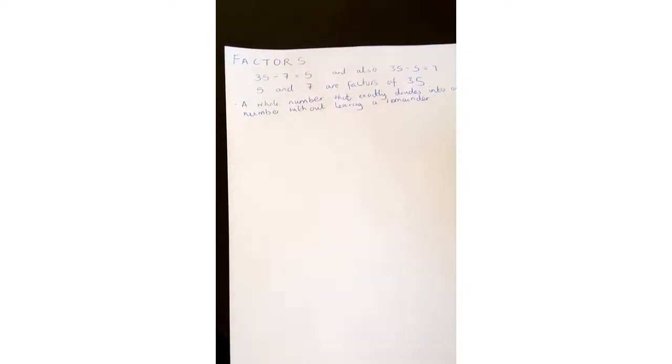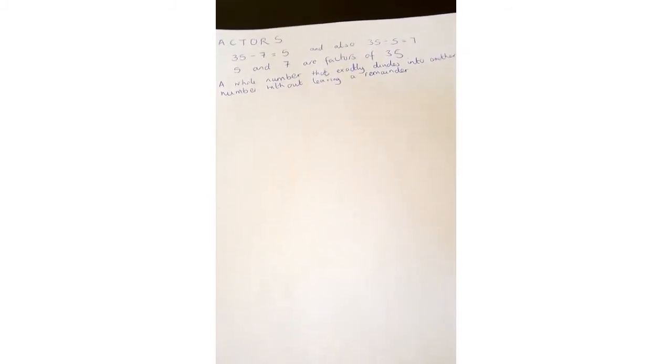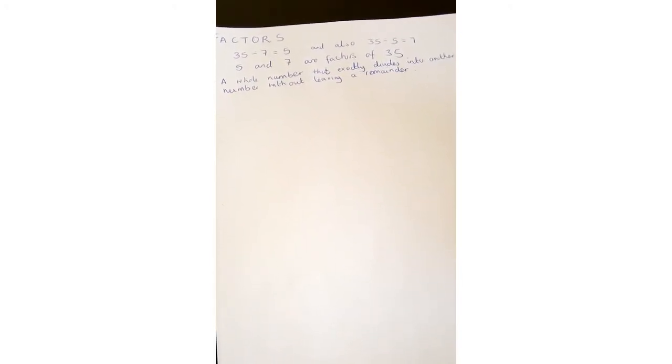Therefore 5 and 7 are factors of 35. Since if you divide 5 into 35, the answer is 7 and there is no remainder. And if you divide 7 into 35, the answer is 5 and there is no remainder.